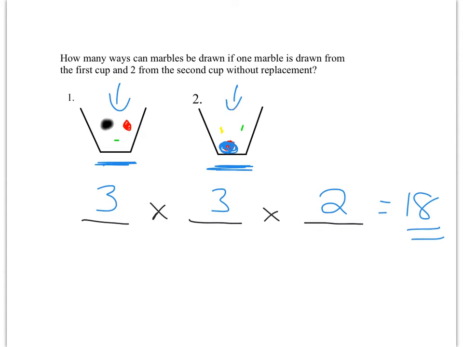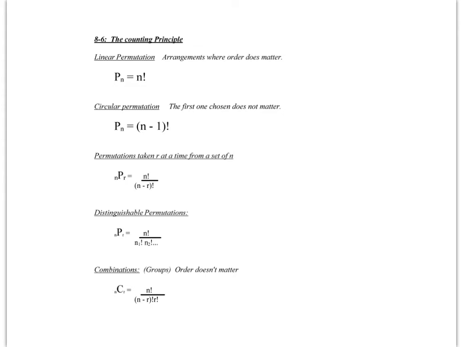Okay, here are some formulas. You probably don't need to memorize them yet, but have them written down in your notes. A linear permutation, we already know. We've gone over that. P of n is n factorial. A circular permutation, so there is no beginning point and ending point, so the first one doesn't matter, but after that, it's going to be n minus 1 factorial.